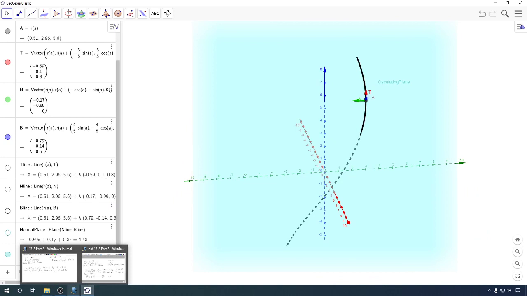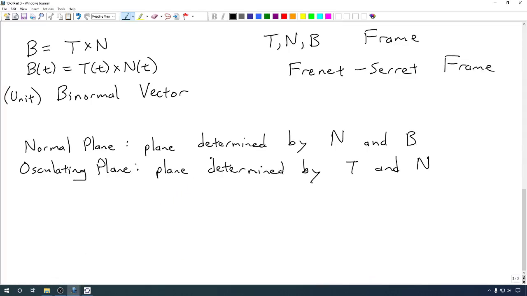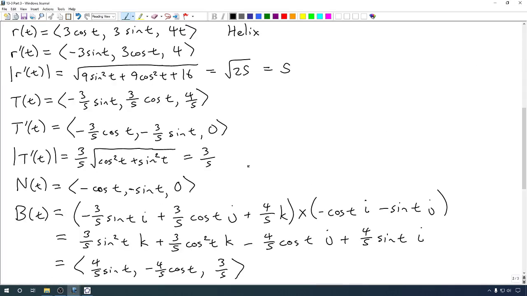Once we have this osculating plane, we can actually go back to our curve and look at what the curvature of this curve actually is. Remember, the curvature is given as the magnitude of T prime over the magnitude of r prime. In fact, we have both of these now already.